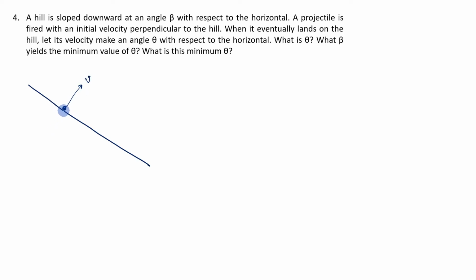Of course the ball has g acceleration downward, and we can split this vector into g sine beta, of course this is the beta angle, and g cos beta. And of course the path of the ball is like this.